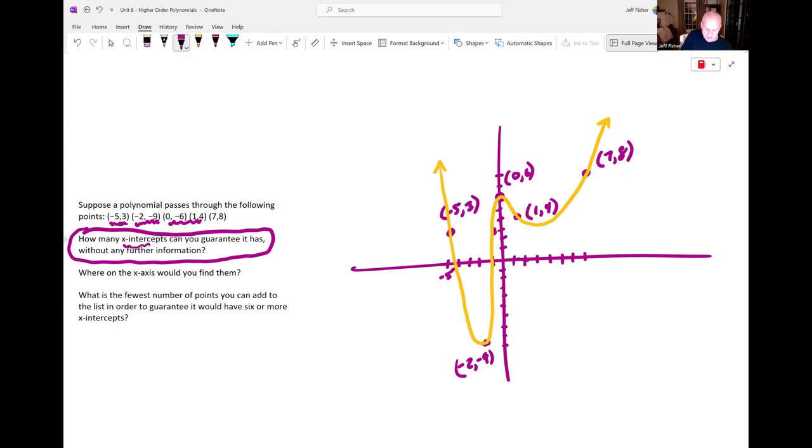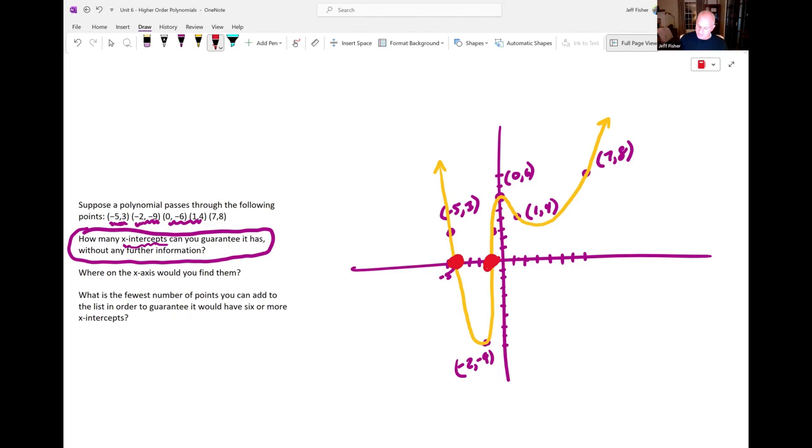But how many x-intercepts can you guarantee it has? Well, we just have to count them. We know we have at least 1. Let me put those in red. We have at least 1, 2. So we have at least 2. And then it says, where on the x-axis would you find them? Well, you'd find them somewhere between -5 and -2 on the x-axis.